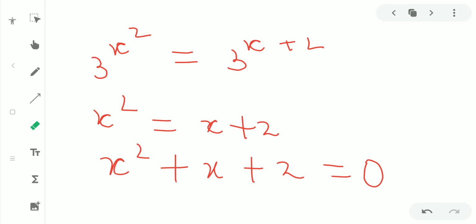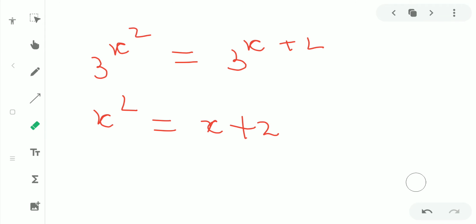So this is a best tip to check. Now let us transpose this x plus 2 onto our LHS side. We will get x square minus x minus 2, which is equal to 0, and we should equate with 0.